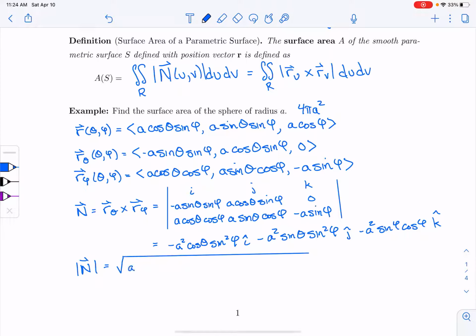So that's going to be a to the fourth cosine squared theta sine to the fourth phi, plus a to the fourth sine squared theta sine to the fourth phi, plus a to the fourth sine squared phi cosine squared phi.